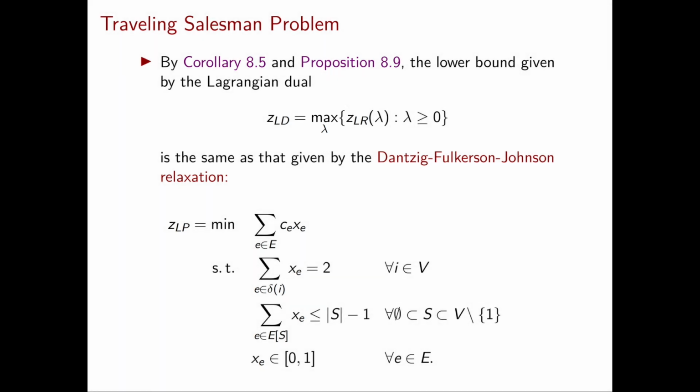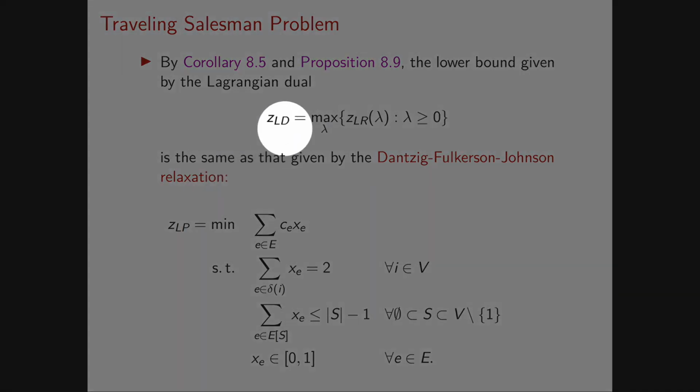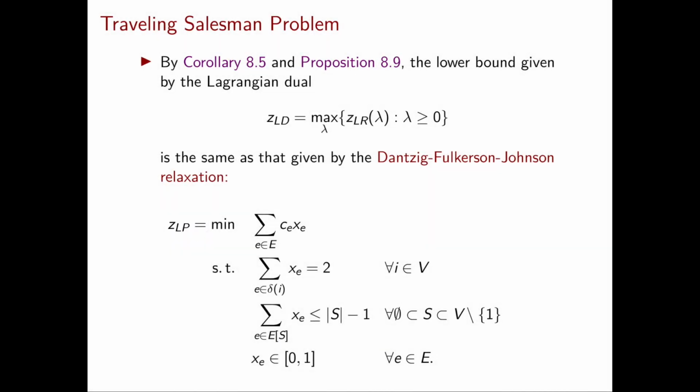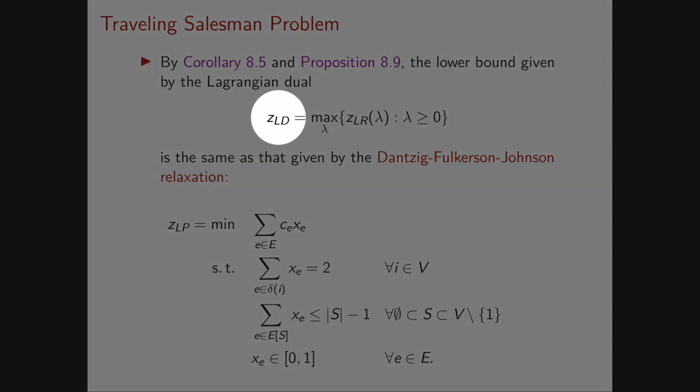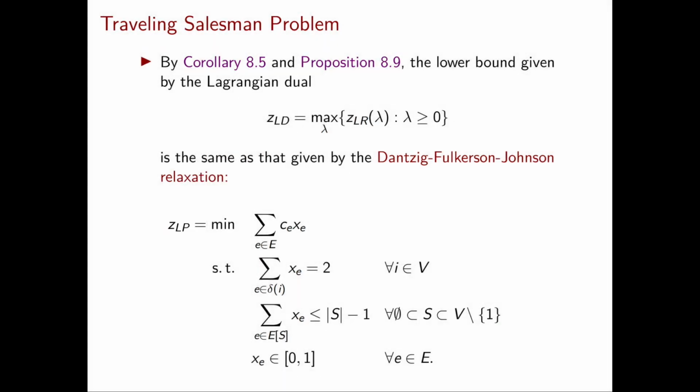Therefore, we maximize over lambda instead of minimizing as we did in the general theory. So essentially, all max and min are just exchanged. So in this case, ZLD and ZLP coincide, where generally ZLD can be a better bound than ZLP. So in a sense, this is a worst case scenario for ZLD because it's as weak as it can be.